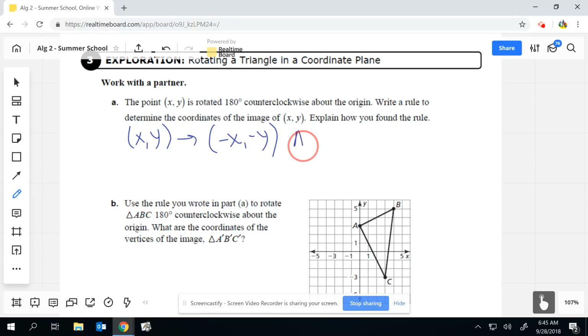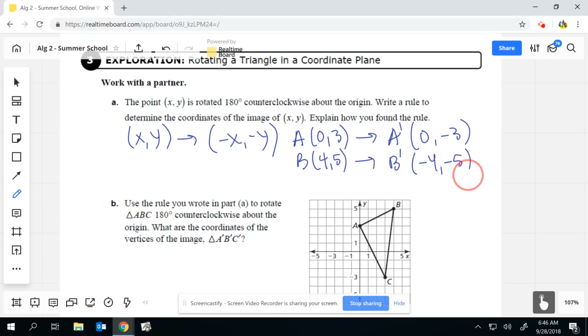So if A is 0, 3, same triangle as last time, A prime is 0, negative 3. And B we said was 4, 5. So B prime, negative 4, negative 5. And C is the point 3, negative 3. So C prime is going to become negative 3, positive 3.